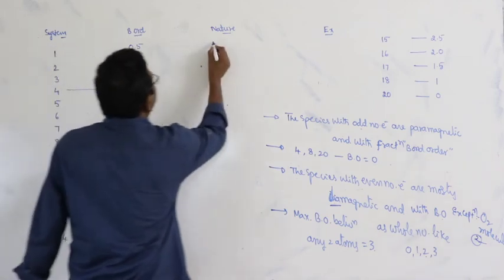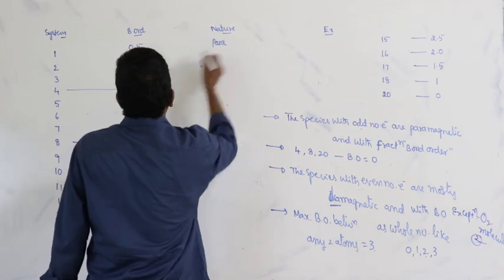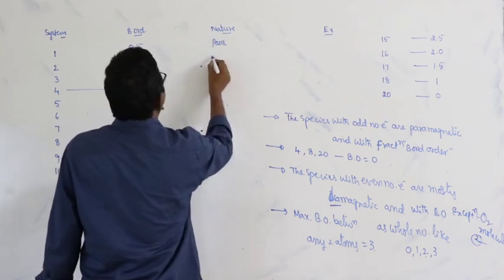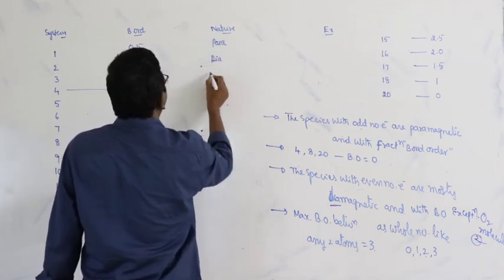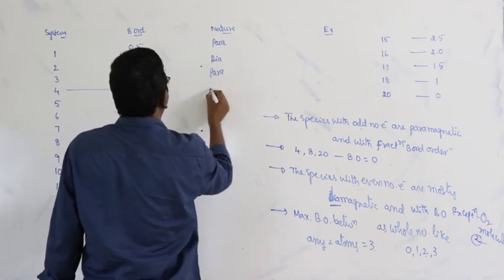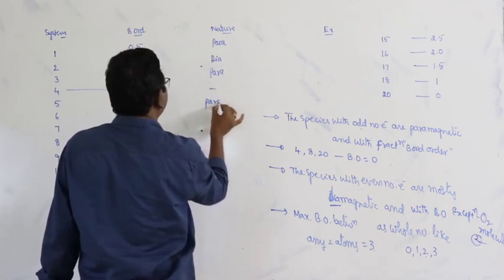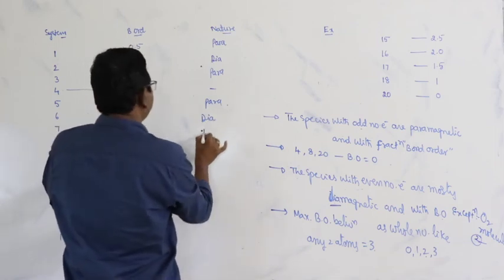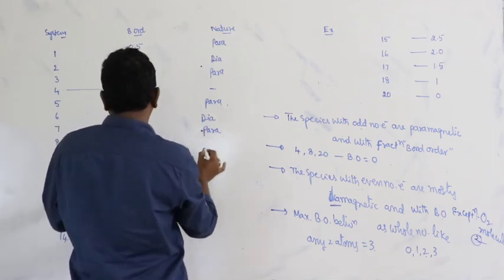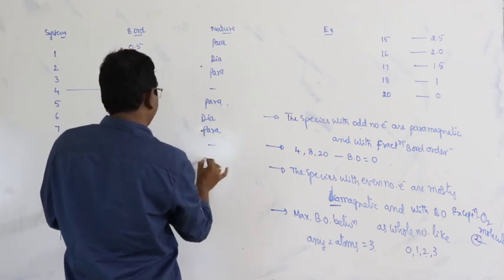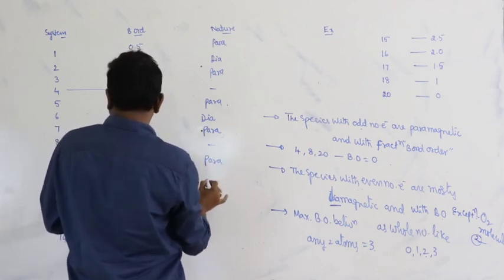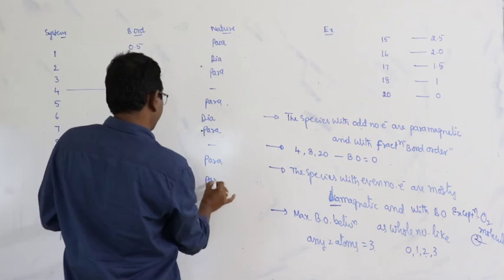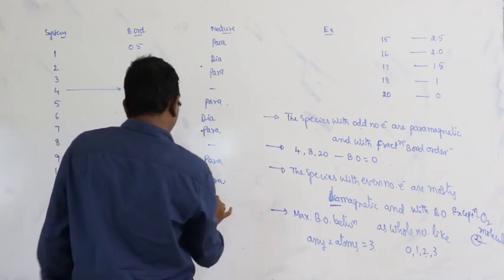And here para, and next dia, para, next para, next dia, 7 electron system para, next 9 para, here 10 para.